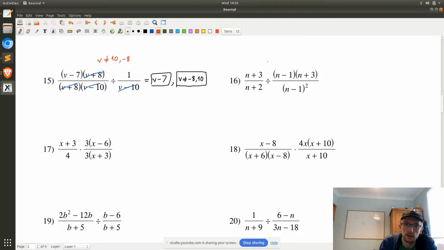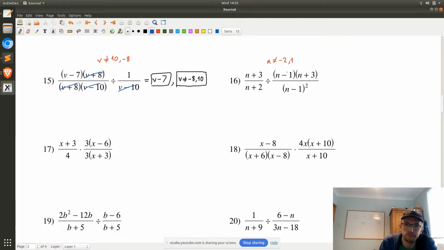Likewise here, n is not allowed to be -2 or 1. Not allowed.